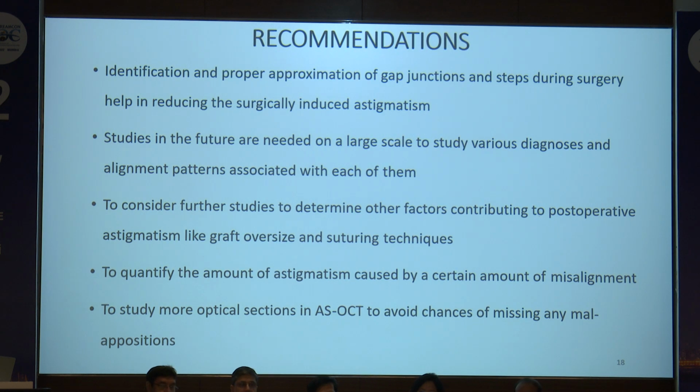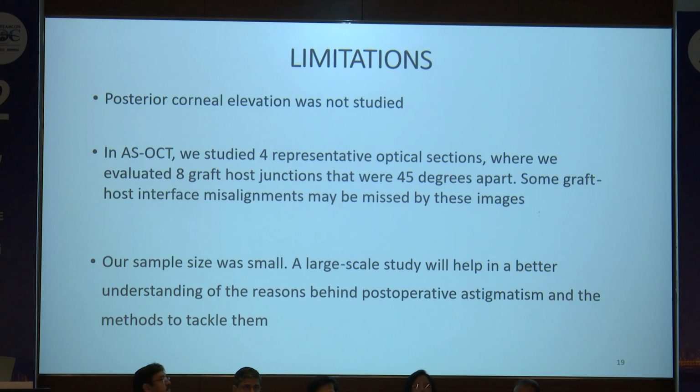Recommendations: identification and proper approximation of gap junctions and steps during surgery help in reducing surgically induced astigmatism, and studies in future are needed on a large scale to correlate with different diagnoses and different alignment patterns, and to determine other factors contributing to postoperative astigmatism like graft oversize and suturing techniques, and to quantify the amount of astigmatism caused by a certain amount of misalignment, and to study more optical sections in ASOCT to avoid chances of missing any malpositions.